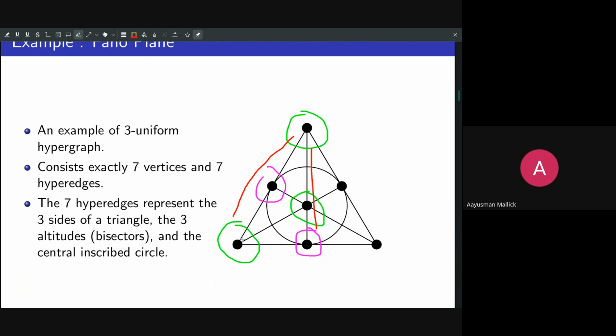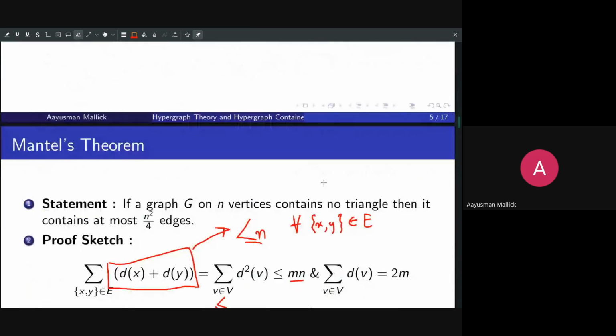In this case, we find that these two vertices are properly contained within this edge, and no other edge properly contains these two vertices.